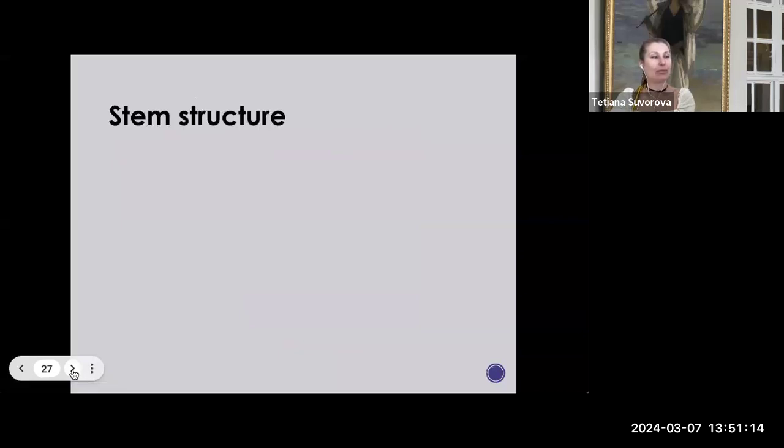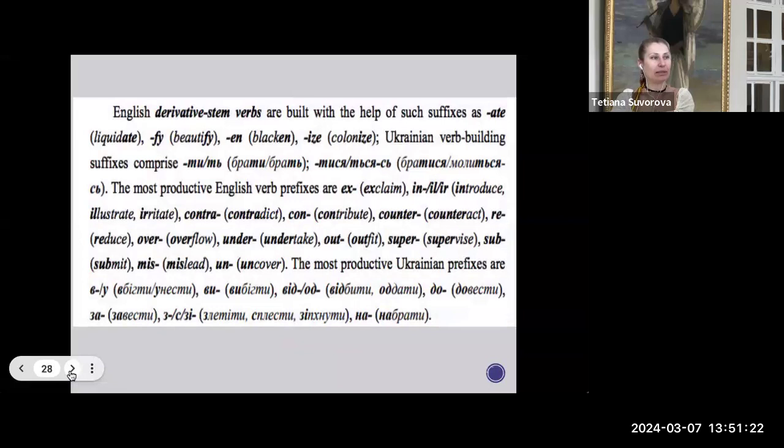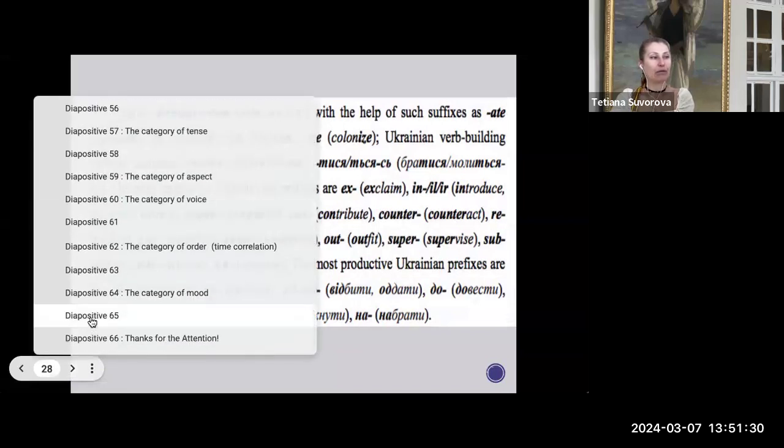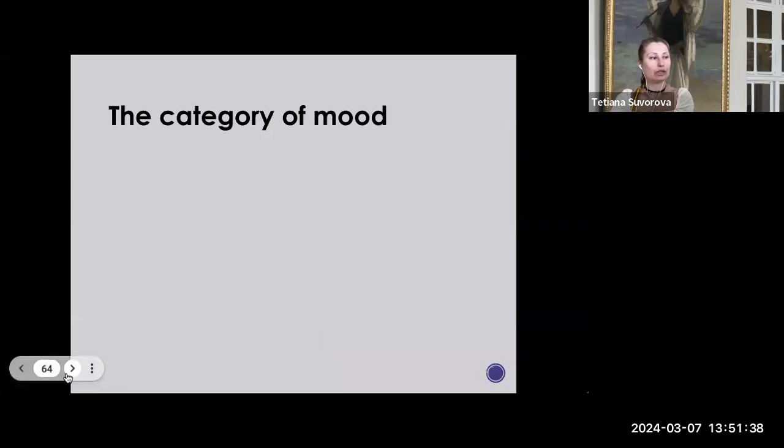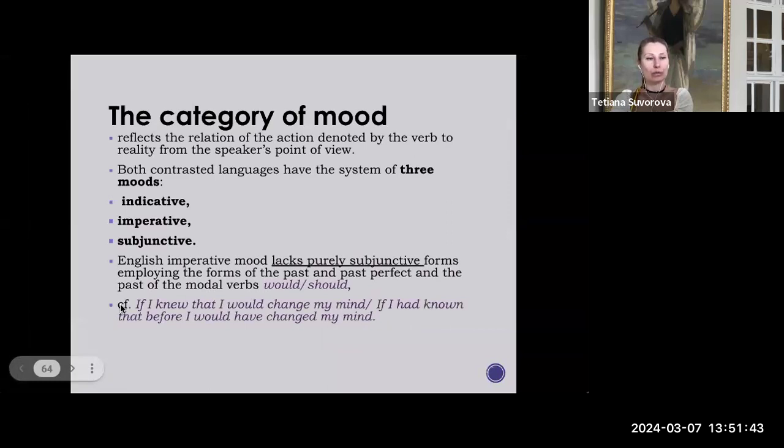Well, so just finish with the stem. It's again repetition, but yes, some examples in the Ukrainian language for you. I would like to finish with the generalization of the fact that generally the verb is such a difficult form in both languages because of all the meanings and categories that it can express, and the main function of building and being the center of communication.